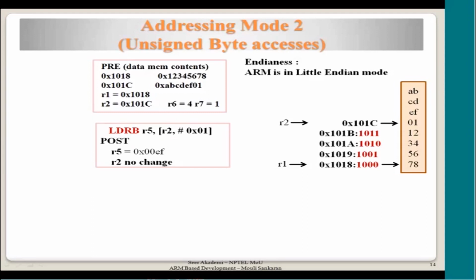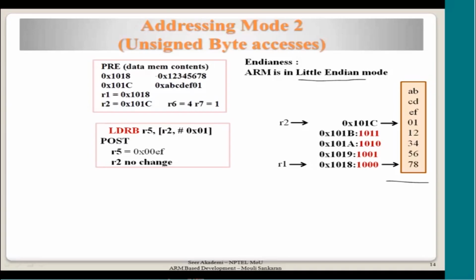Now assume this is the way a memory is organized. I am interested in showing you byte level, so I have put it this way, and please remember whether it is written this way or not depends on the endianness of the processor. Assume the processor I am executing on right now is in little endian mode. The simulator you will be using in the lab session also always maintains little endian mode. What does it mean?